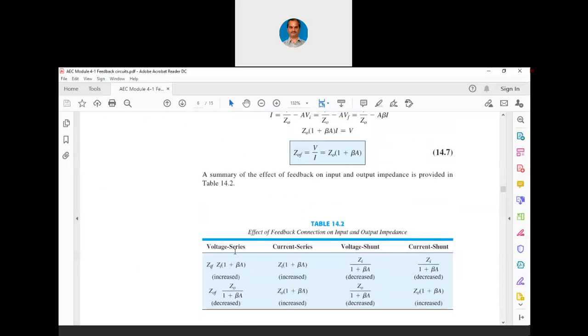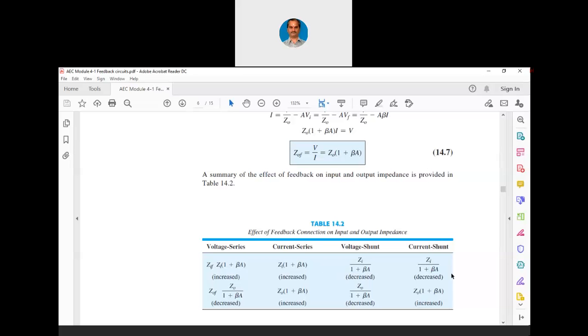In the table, you can see the 4 feedback connections: voltage series, current series, voltage shunt, current shunt. Now, input impedance is being increased in voltage series. Input impedance is increased in case of current series also. This we had seen in the previous class. But in the voltage shunt, the input impedance is going to be reduced, and even the current shunt connection is going to reduce the input impedance.